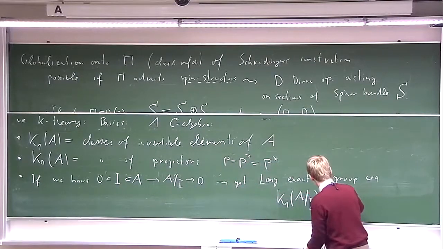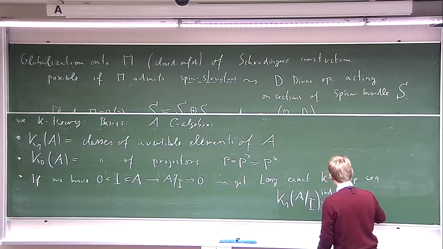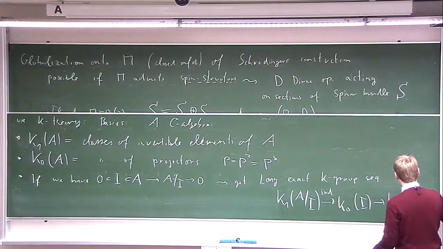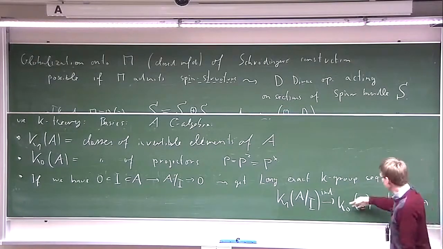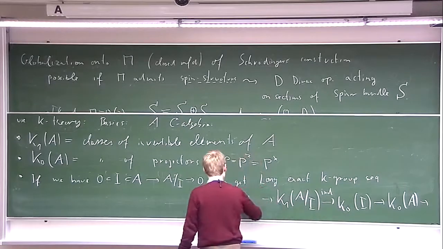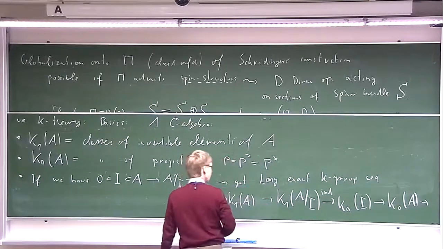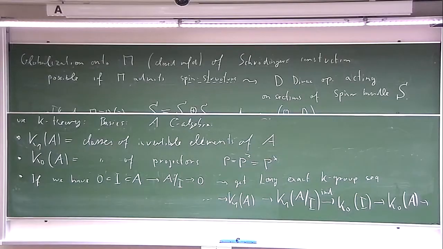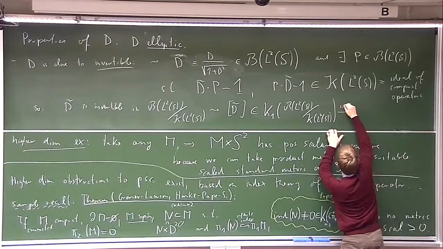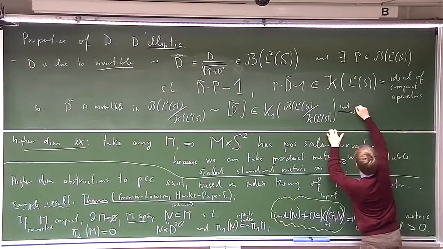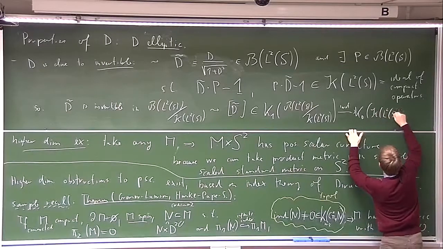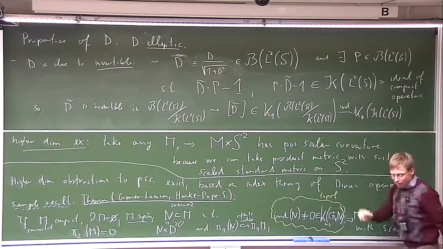with a certain map, which we can call the index map, to K0 of the ideal. And then, because the ideal sits inside the algebra itself, we have an induced map, just taking a projector, mapping it to a projector. And similarly here, to the left. So we can apply this here, right? And we can apply this index map in this special situation, when we go to K0 of the compact operators on this Hilbert space, all Hilbert spaces are the same.